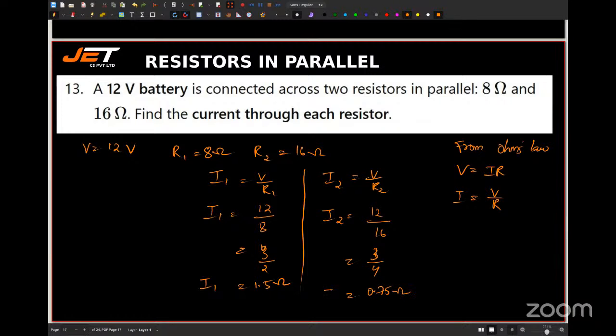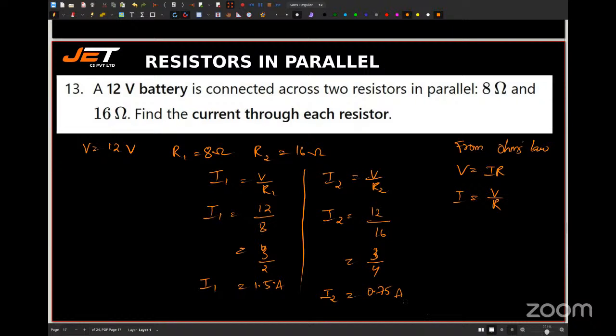This is I2. Sorry, this is not ohms because this is current, it should be amperes. It is 1.5 ampere and this is 0.75 ampere.